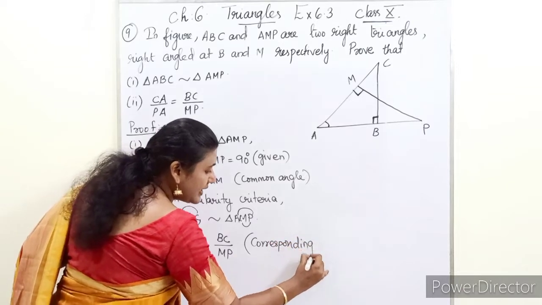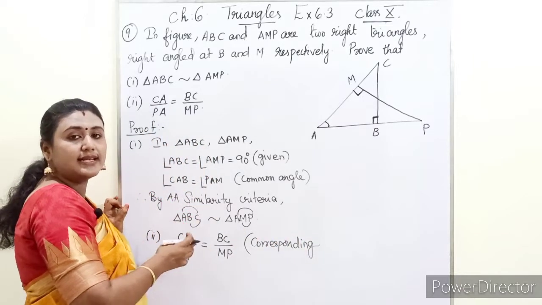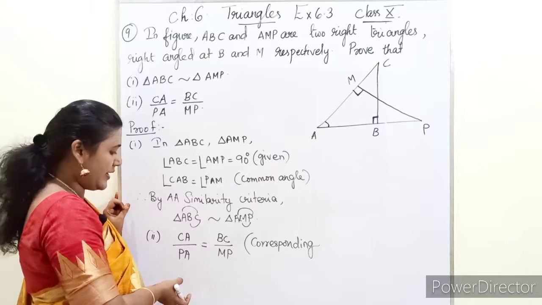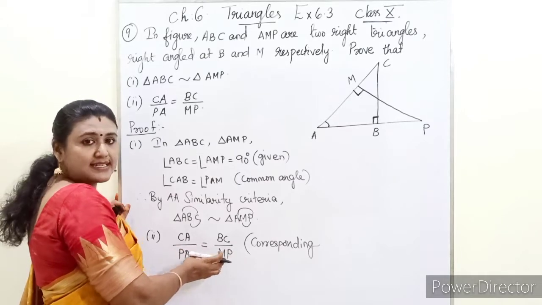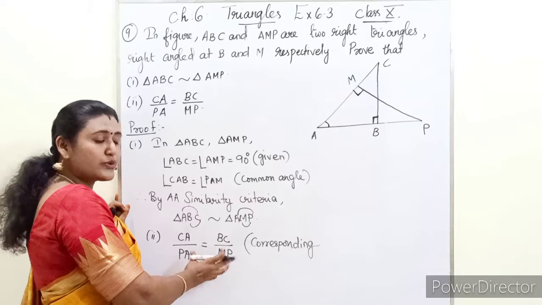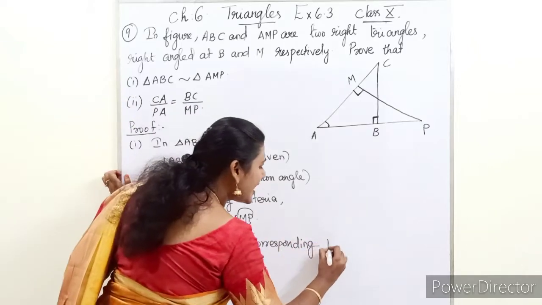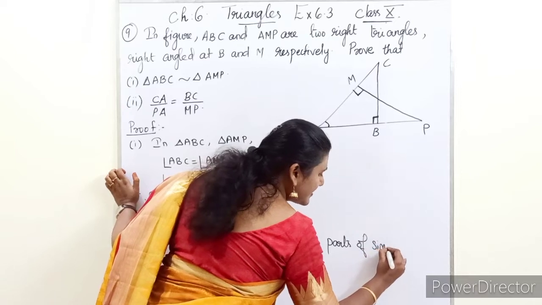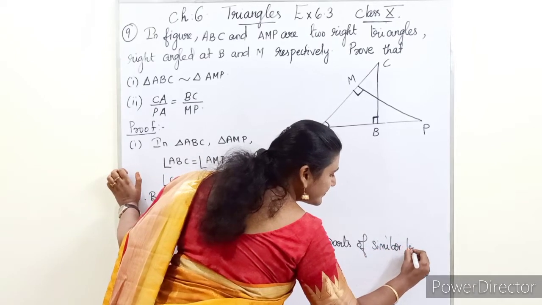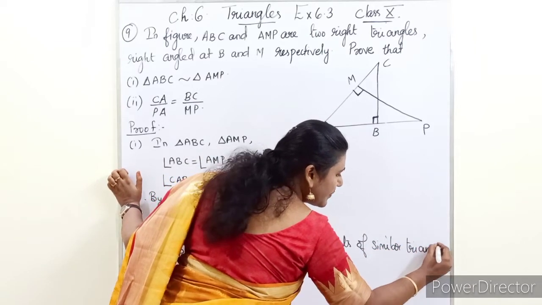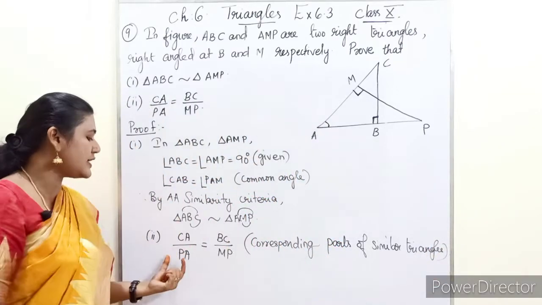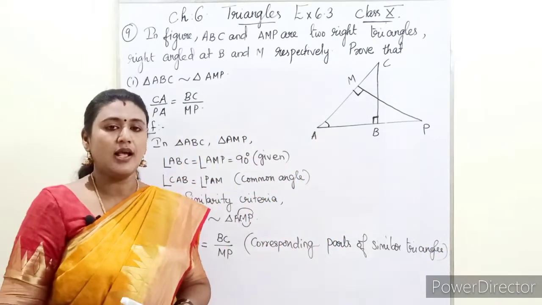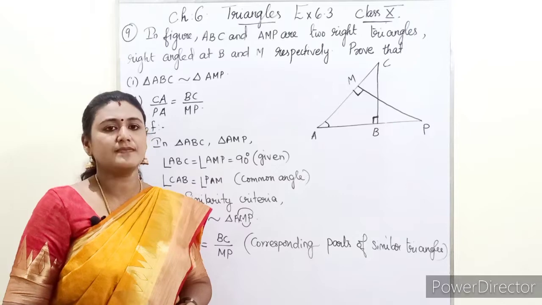You know that if two triangles are similar then the sides ratios are equal. So we can say that these two ratios are equal. Reason: corresponding parts of similar triangles, these two ratios are also equal. Now we will see the next question.